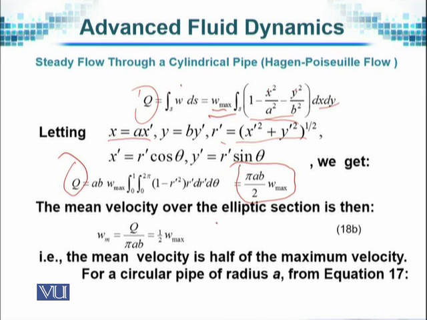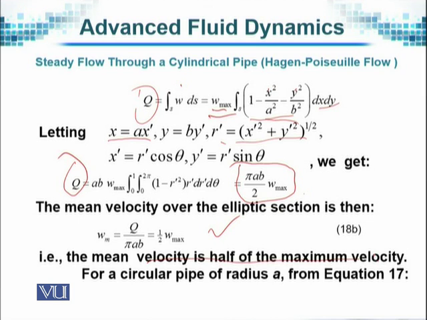The maximum velocity we obtain is here as given by W max, where Wm is reflecting only the mean velocity, the average velocity within the flow field, as it is written here.